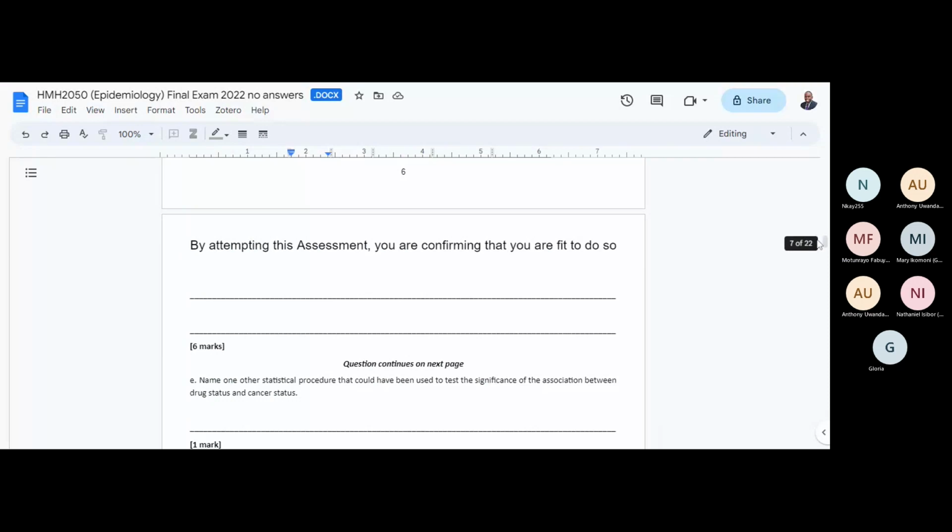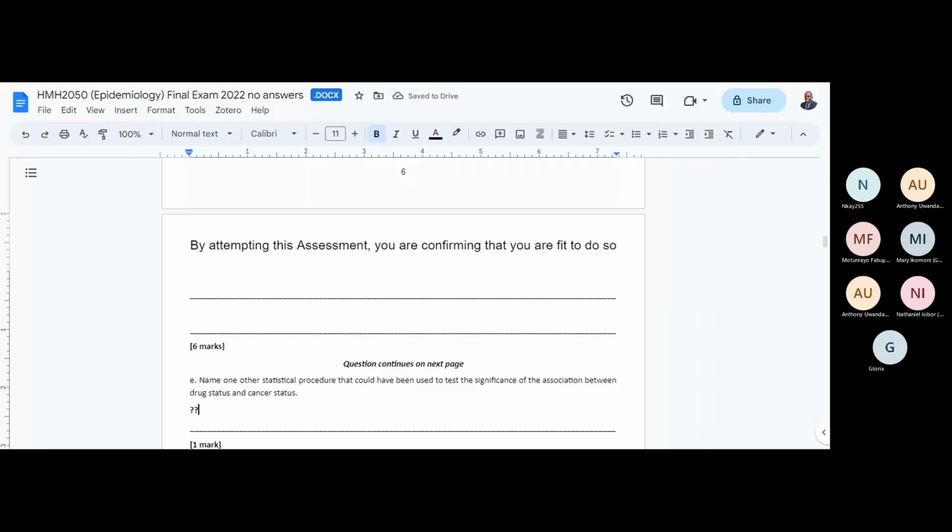Does anyone have any idea? I don't have an idea for now, so we'll look at it later. Does anyone have any idea of this one?